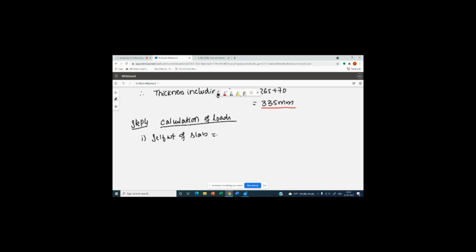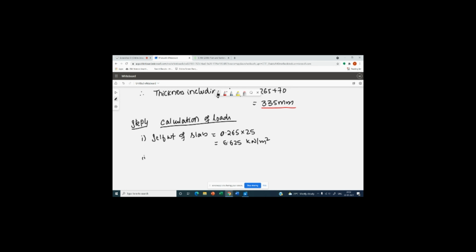When we compare, the percentage of area excluding the drops is more than the area of drops, so we use the thickness of the slab. So it's 265 mm multiplied by 25 kilonewton per cubic meter, which is the unit weight of RCC. That will come to be 6.625 kilonewton per meter square over an area.